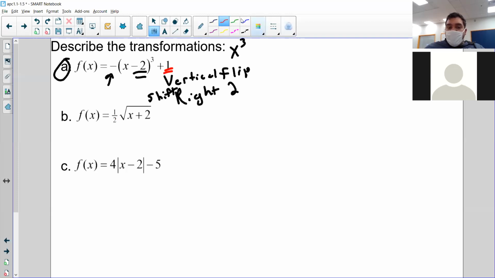And then I have this 1 on the outside of the function. Those are vertical shifts. So the 1 on the outside means it's going to shift up 1. So it shifts up 1.